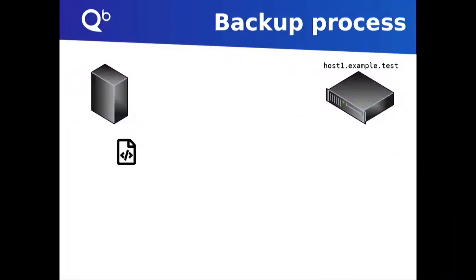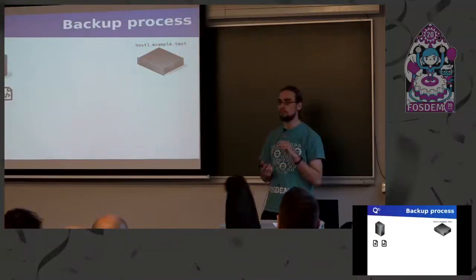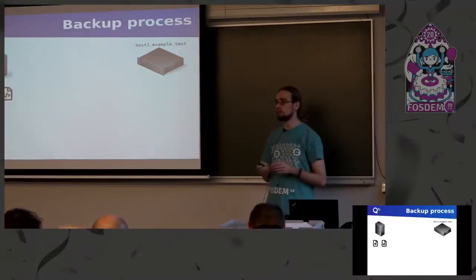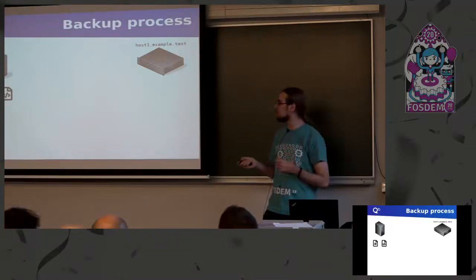So the script will read its configuration file. The configuration file contains the list of hosts that need to be backed up, how to connect to those hosts, so which SSH port we should use, and some various information, for example, the topic of the success and error emails, what they should be.